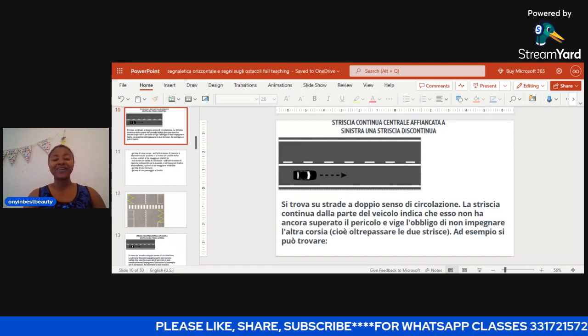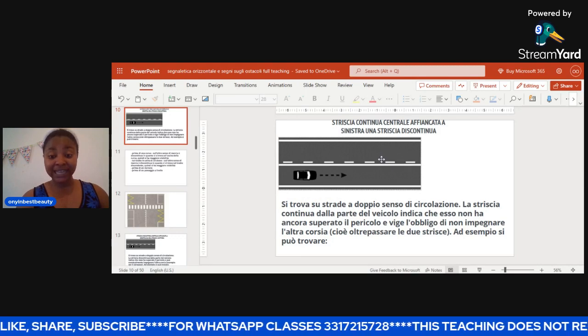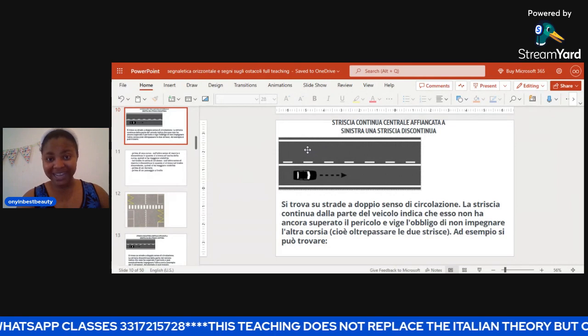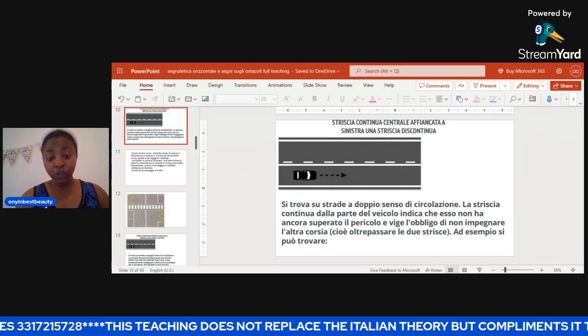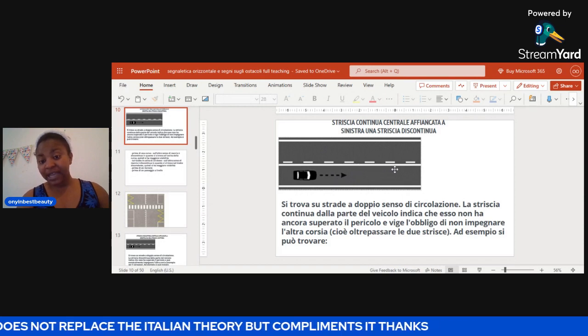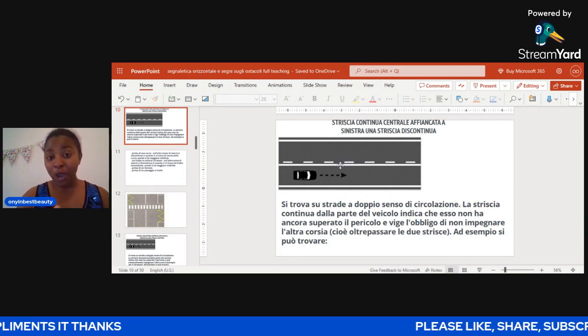Okay, so on the other end, they have the discontinuous line because they themselves are just coming out from that curva that you are about to enter. So you are about to enter that curva. That is why you're seeing a continuous line. They are coming out from that curva. That is why they are seeing a discontinuous line, telling them, you're welcome.